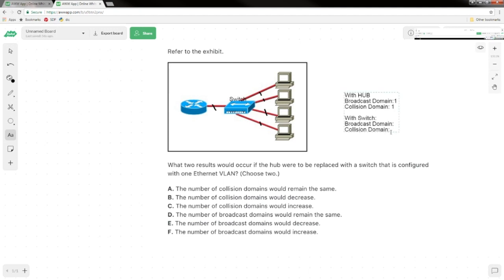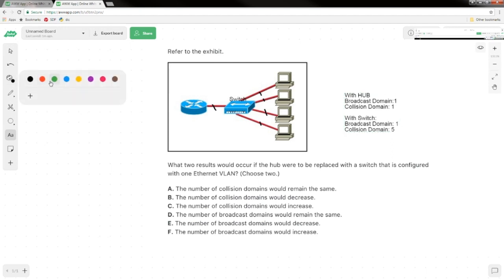So we have 5 collision domains when you use a switch, and in that case also there is only one network address used here, right? There is only one interface connected to this network on the router side, so this still has one broadcast domain. Okay, so when we change a hub to a switch, the number of broadcast domains remains the same, whereas the number of collision domains increases.